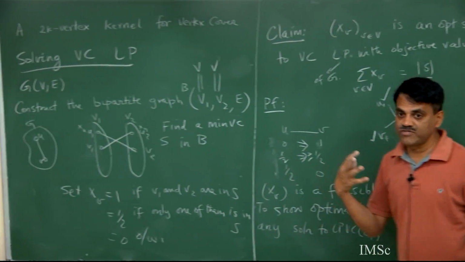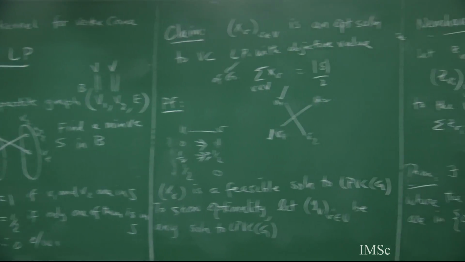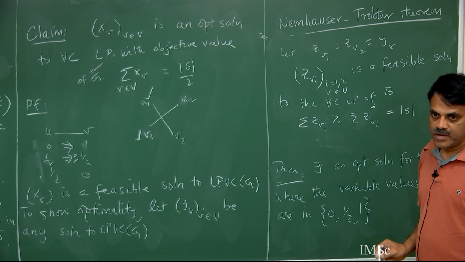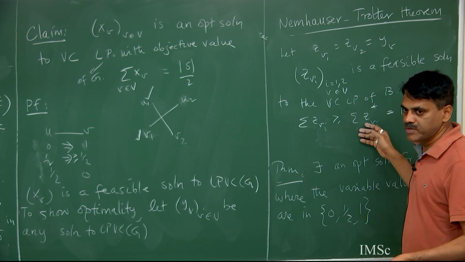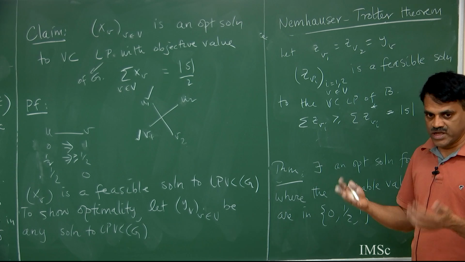So here we use the fact that in the bipartite graph, the optimum value of the LP is integer. So this is exactly equal to cardinality of S, right? Because it's a minimum vertex cover in a bipartite graph. It's a fractional vertex cover minimum, but we know that in bipartite graph, the optimum is actually an integral solution.